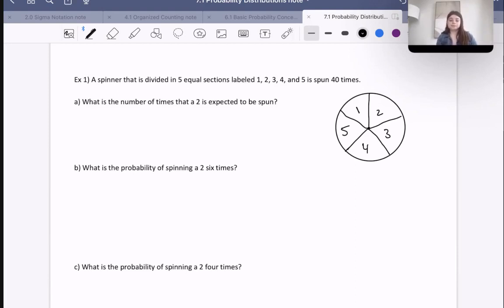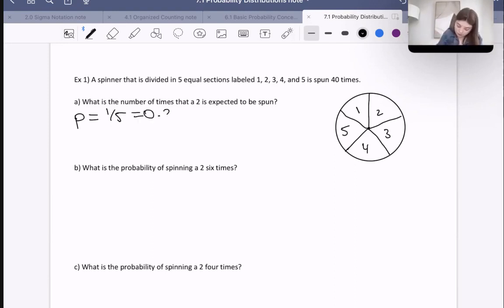So the first question is, what is the number of times that a 2 is expected to be spun? So in this case, we're going to define a 2 as a success, right? What's the probability of one success? 1 in 5, right? The probability of spinning and getting a 2 is 1 in 5, or 0.2, whichever you'd prefer.